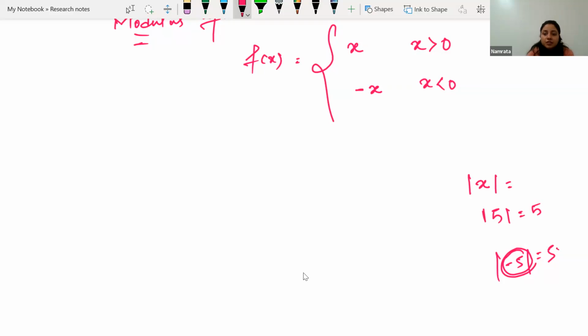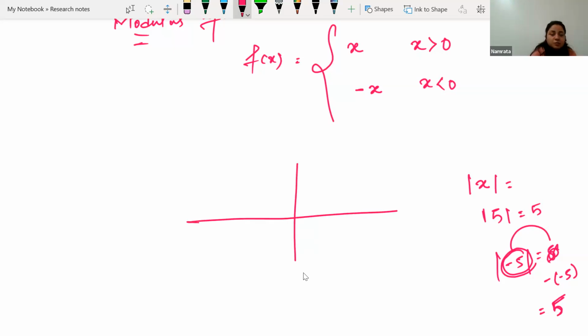It comes as minus of minus 5, and only then it becomes positive 5. This is how the modulus function works. Now the graph of the modulus function you must have seen in the previous class. It looks like this.